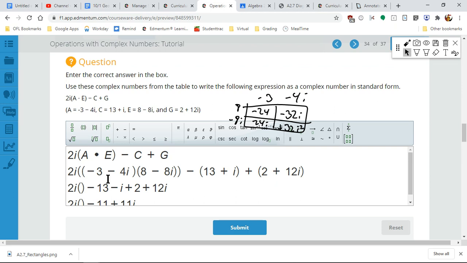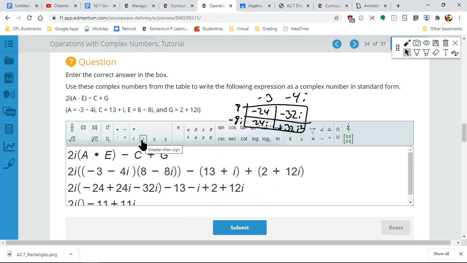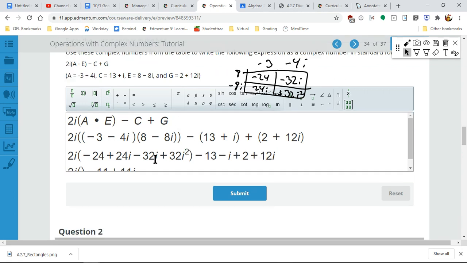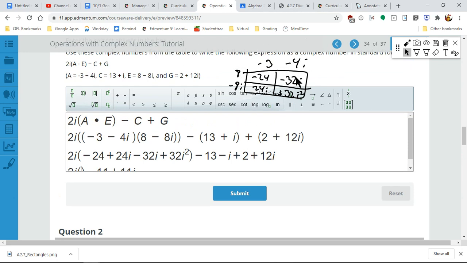So what I can do here is make this negative 24 plus 24I minus 32I plus 32I squared. So in the next step, I can combine my, wait a minute, something's missing here.